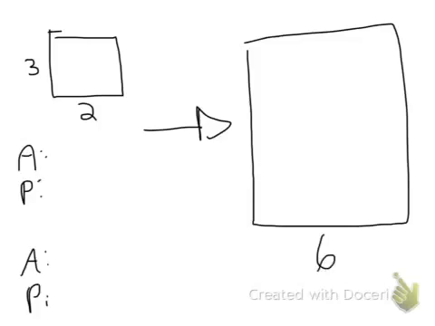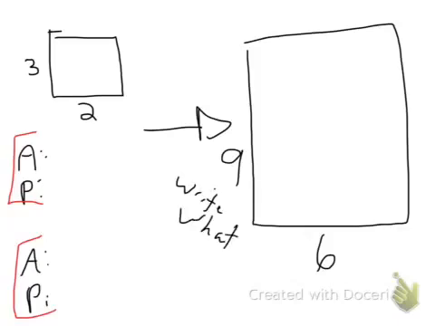So what I want you to do is, this is the first one. I want you to figure out the area and perimeter of that first one, and then the second one, and then write what happens. So I want you to pause and solve.